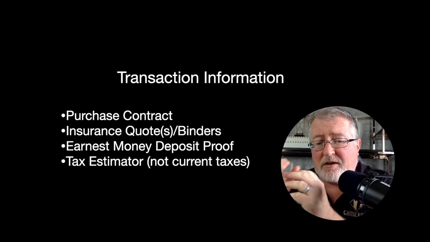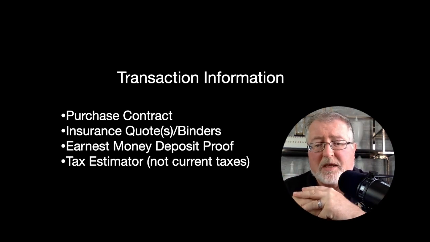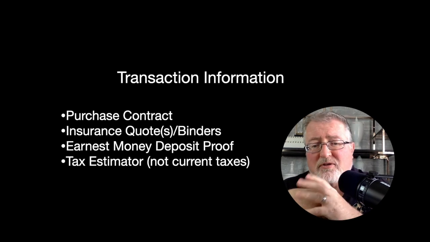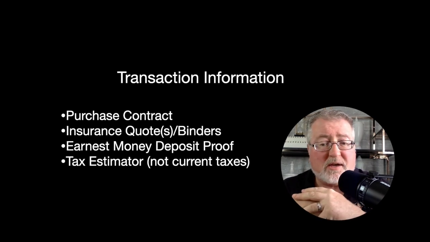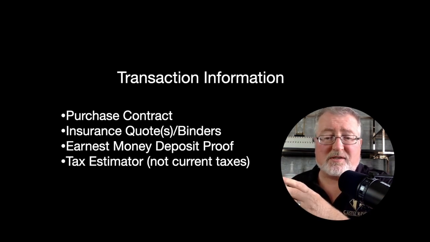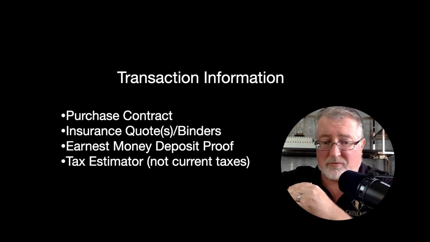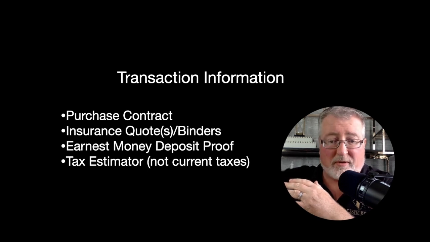Another big thing that people ignore, and realtors miss this all the time, is taxes. I'm going to use Florida again as an example, because that's where I'm based. In the state of Florida, taxes for a primary residence can only go up 3% a year. That's not the case with rental properties and non-owner occupied properties. They can go up a great deal more than that.